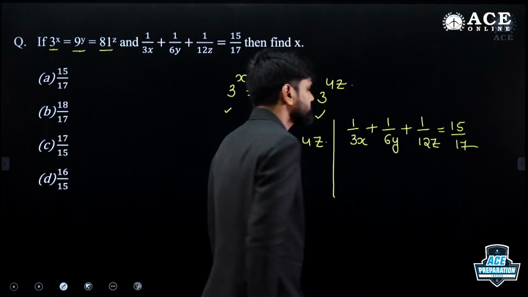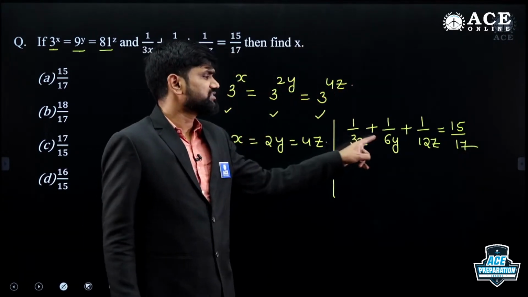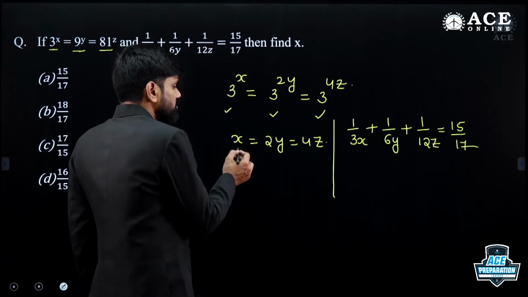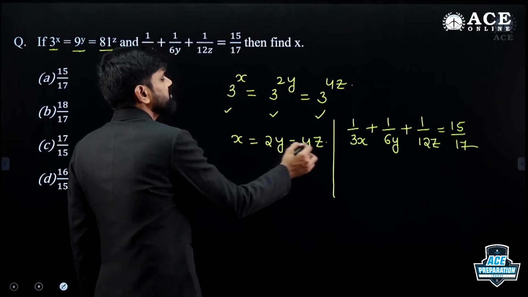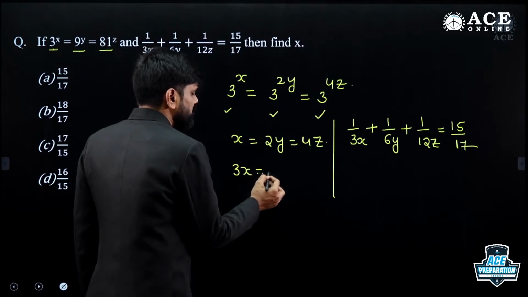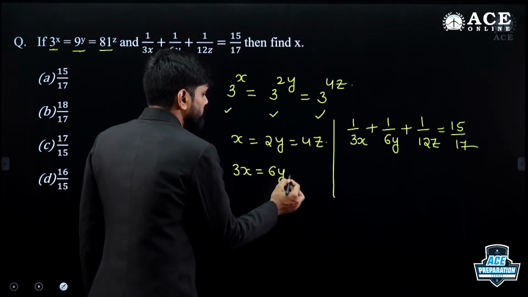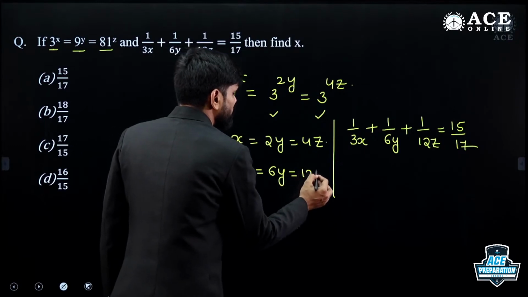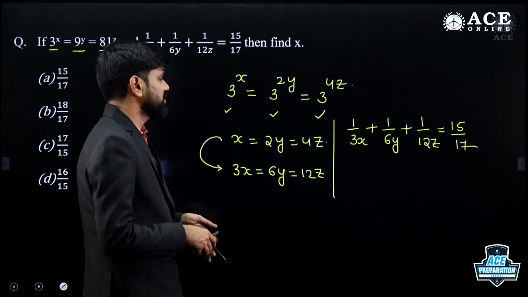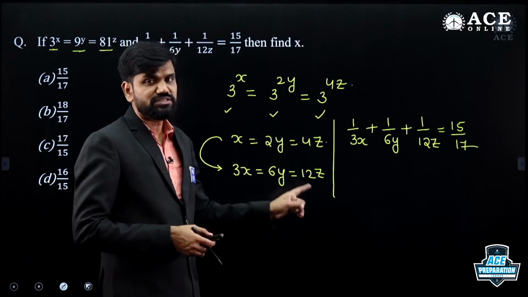So here you have 3x, 6y, 12z. You try to convert everything into 3x. To convert this into 3x, you just triple this relation here. If you are multiplying every term with the same number, the relation remains same. So 3x equal to 6y equal to 12z I can say. By multiplying each term with 3, the relation still will remain as it is.